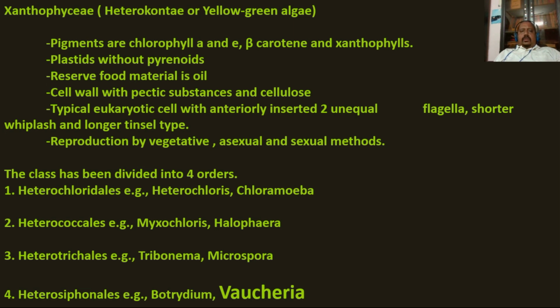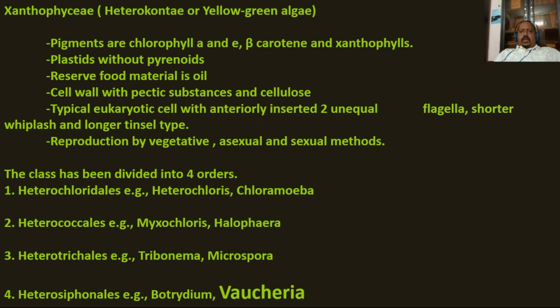So here the food material is oil and the cell wall has pectic substances and cellulose. Then there is a typical eukaryotic cell with anteriorly inserted, two unequal flagella, they are heterokontae. One is whiplash type. We will see what is whiplash type and tinsel type, etc., in the later classes. So there are two types: one is whiplash and the other is tinsel type.